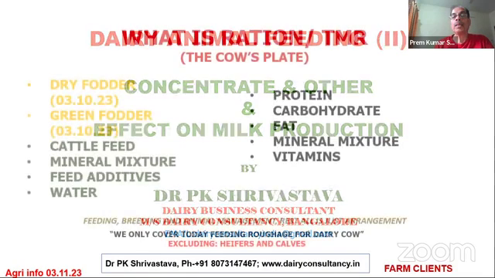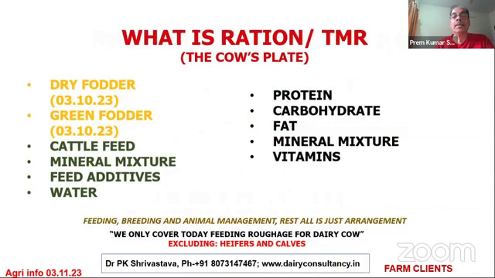Yes, ma'am, the second slide. This is again the repetition of the previous one. This is just to say what is ration. Ration is a cow's plate. As we have our plate every day on the dining table, cow also has a plate, and we should consider decorating the plate accordingly.